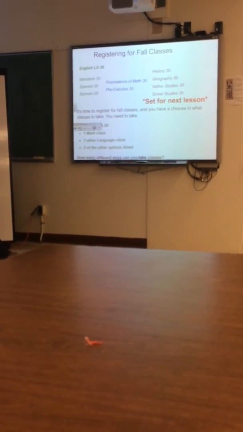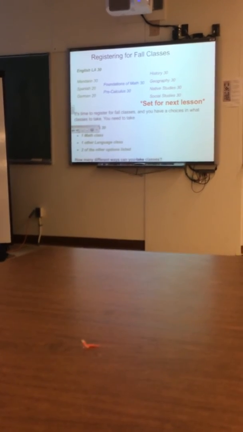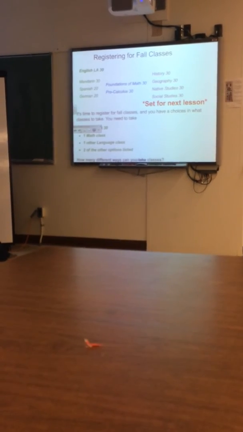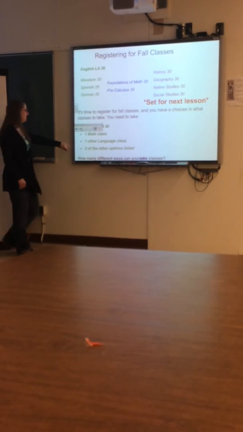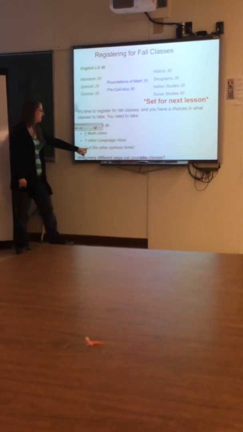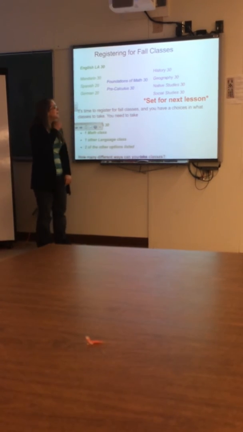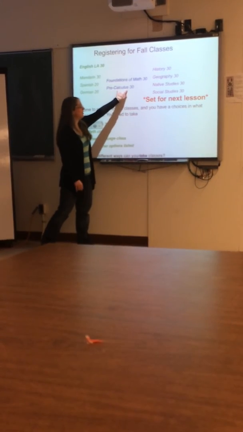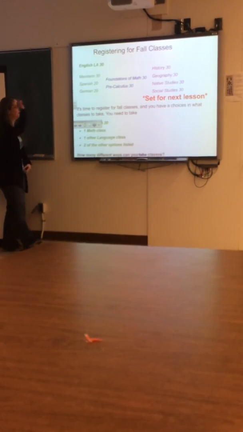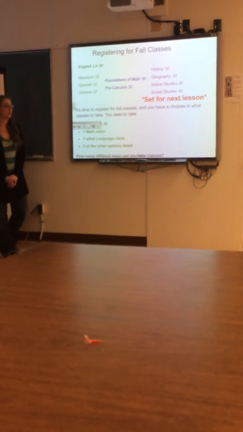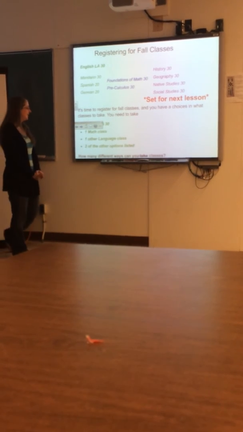So it would help them review from our last lesson and move on into using the equations to find combinations and permutations. I think we also discussed, the way I had it worded is two of the other options listed. That may have confused the students, are these two of the options or is it just those four? So we would have put titles on the columns as well for the next one, just to be a little more clear.